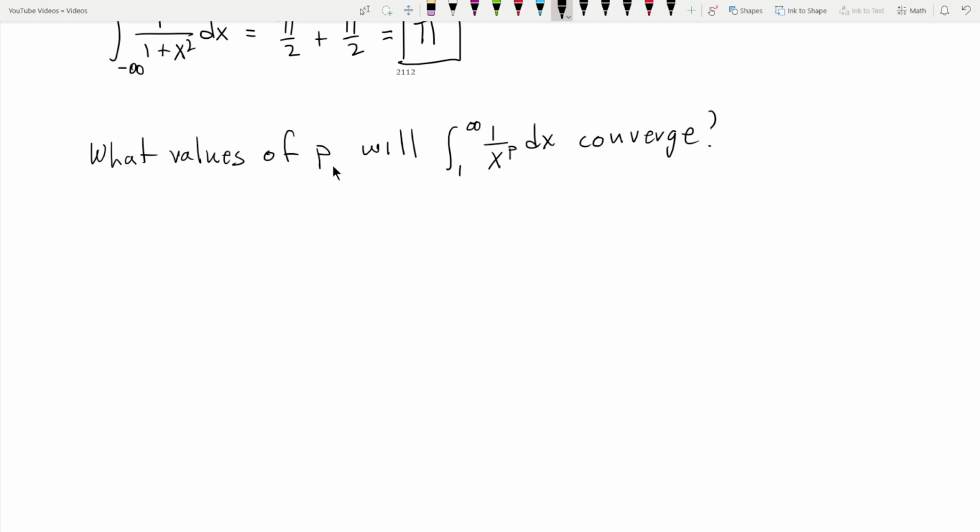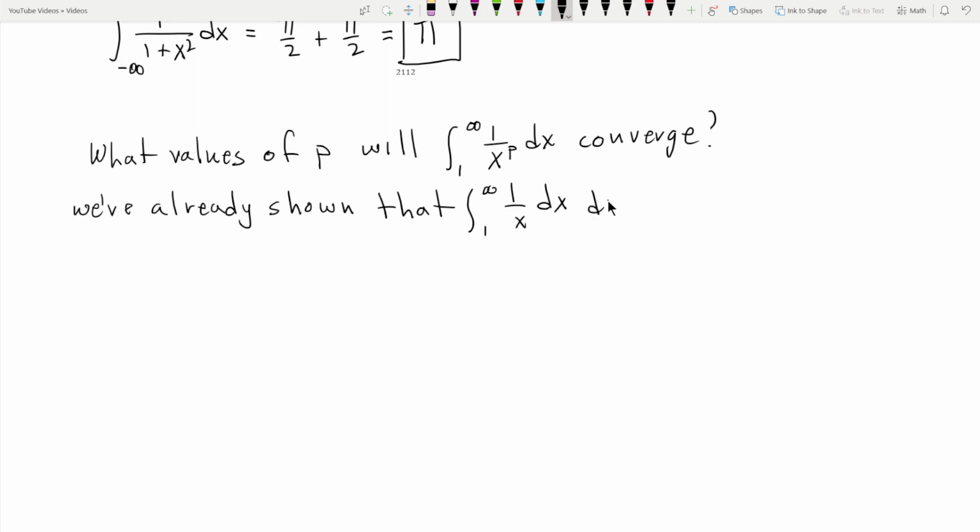First of all, we can assume that p is not 1. We've already shown that the integral from 1 to infinity of 1 over x dx diverges.